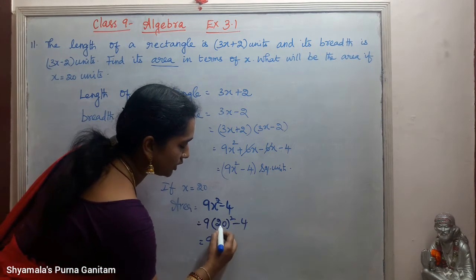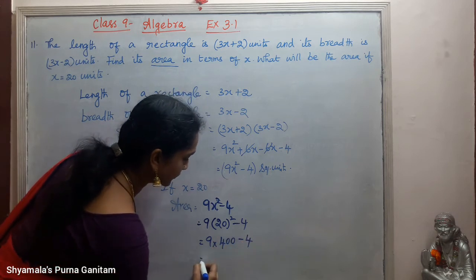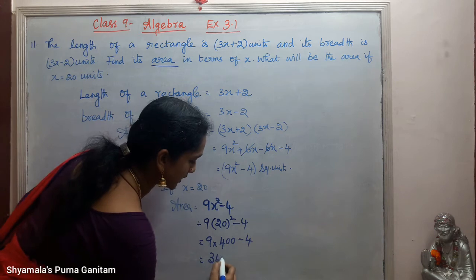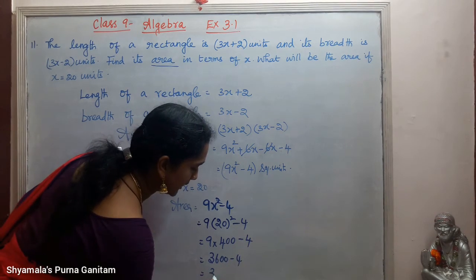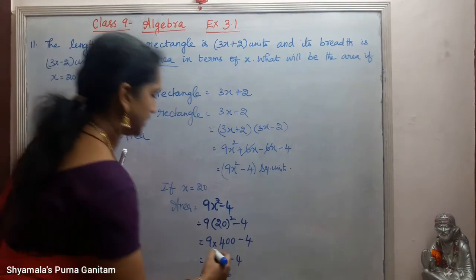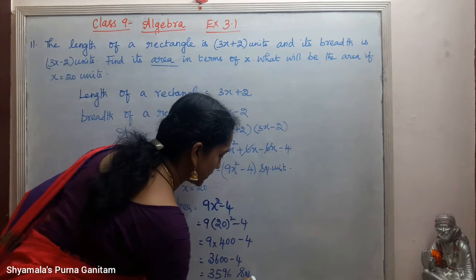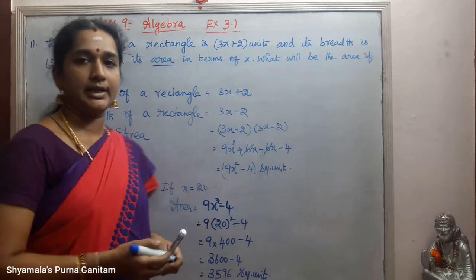So 9 into 20 into 20 is 400, so this will be 3600 minus 4. When we simplify this, we will get 3596 square units. So this is the area when x is equal to 20.